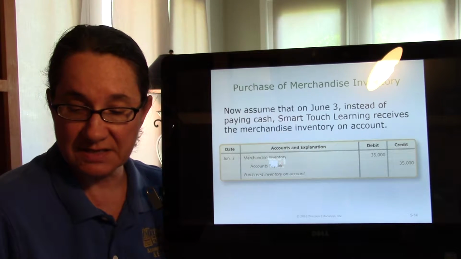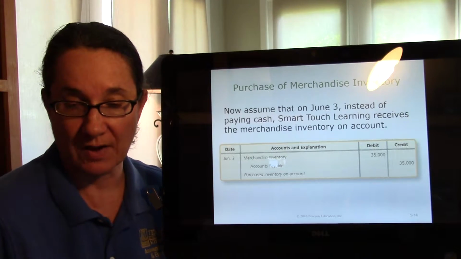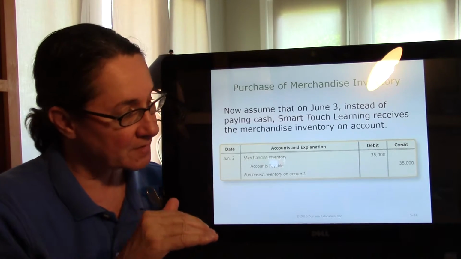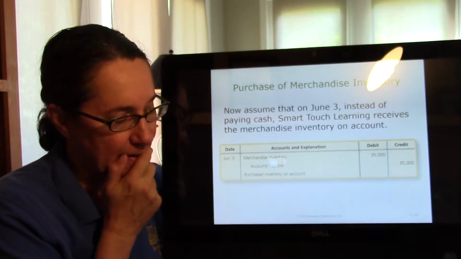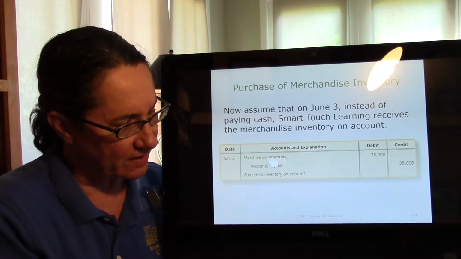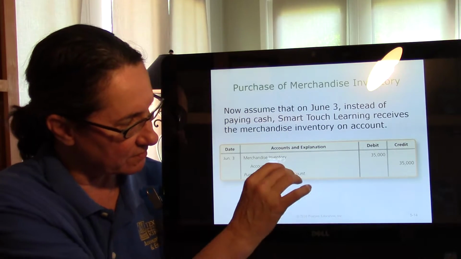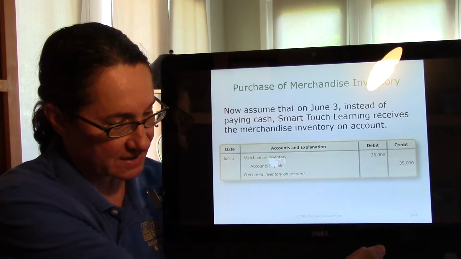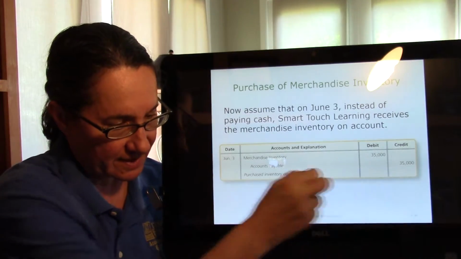If SmartTouch Learning takes advantage of the discount, we will adjust the accounts payable account appropriately at the time. So remember, we did not pay cash, but they offered us that discount. So now we have to think, okay, what happens with that discount? Well, we haven't really paid anything yet, so we put it on the books at the full price, right? Merchandise inventory, debit, $35,000, because we got that asset in, and then accounts payable, a liability increases with the credit, and then we've increased that.